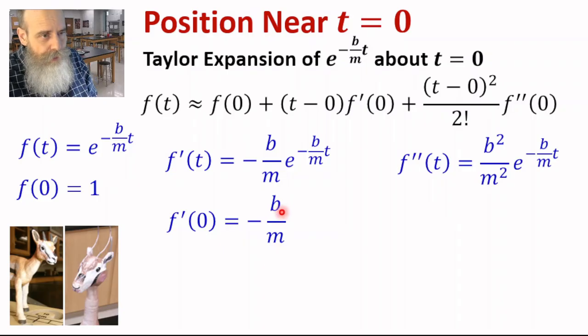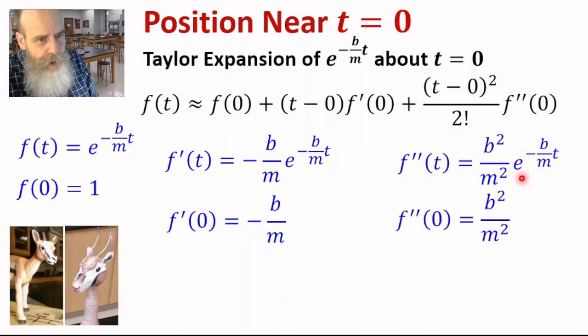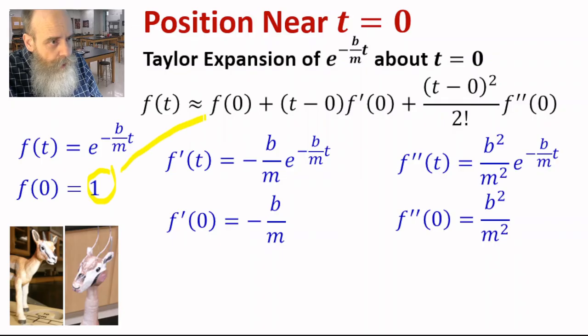Second derivative. When we differentiate again, we get another factor of negative b over m in front. So we have b squared over m squared times e to the negative b over m t. When t equals 0, this becomes e to the 0, which is 1. So f double prime at 0 is b squared over m squared. Now let's put these things into our expression. So 1 goes here.